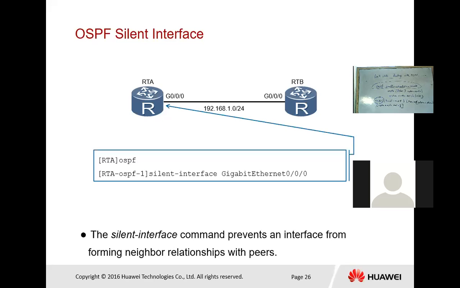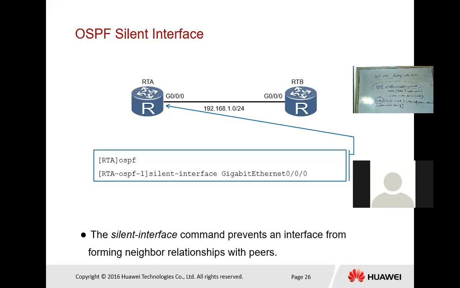After an OSPF interface is set to the silent state, the interface can still advertise its direct routes. Hello packets on the interface, however, will be blocked, and no neighbor relationship can be established on the interface.